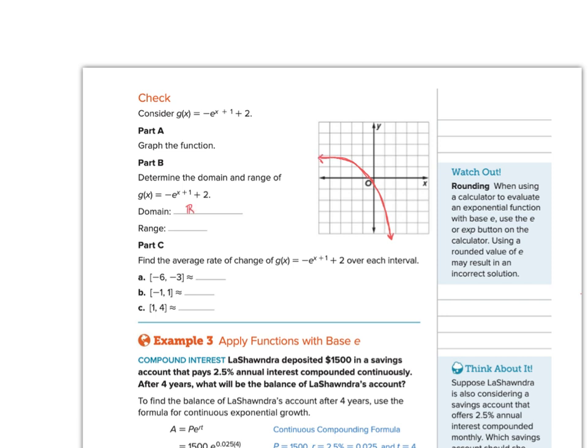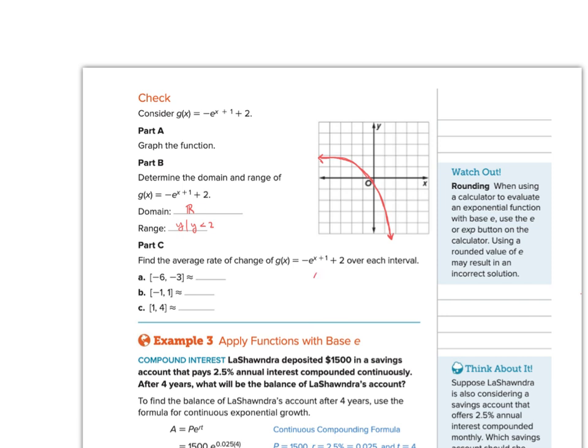I'm just going to say all real numbers, and then my range is going to go from, again, just because it's a different type of function doesn't mean that we can't identify these basic characteristics. The greatest y value appears to be 2, but we never touch 2. It's that asymptote. We're never going to get to 2. So your range is going to be for all values of y such that y is less than 2. Okay, it should look something like that.